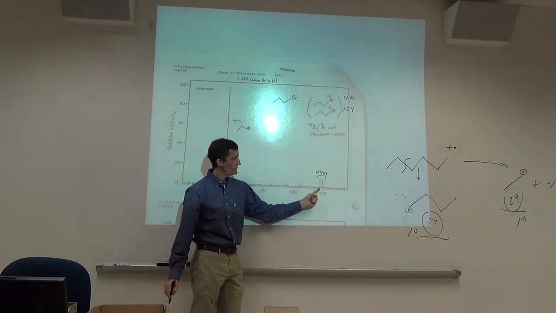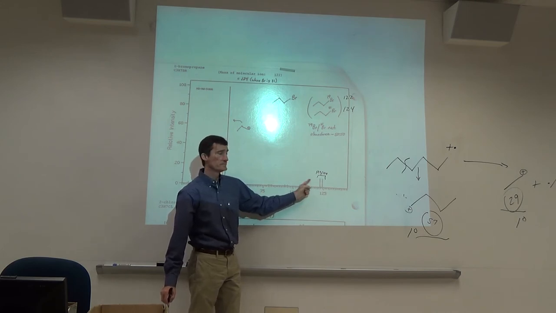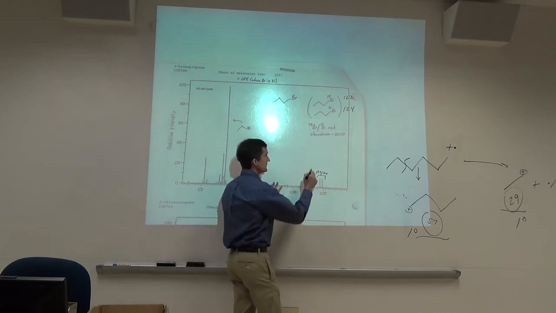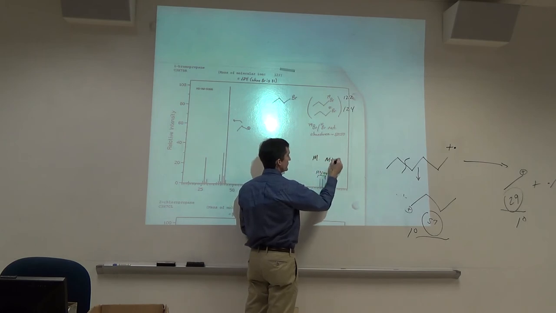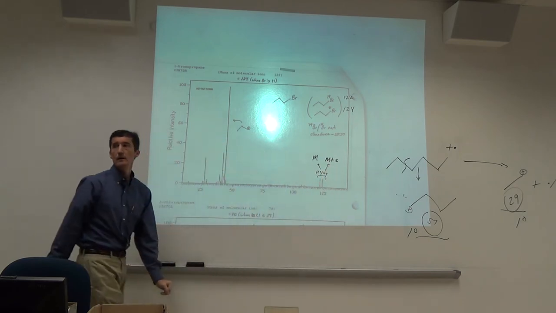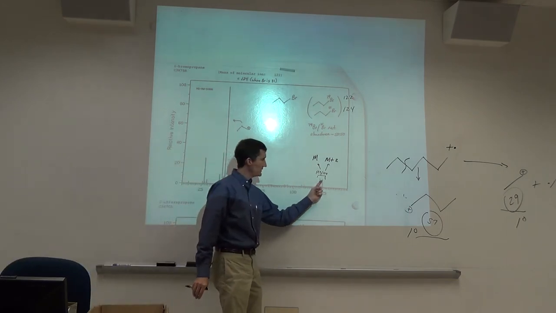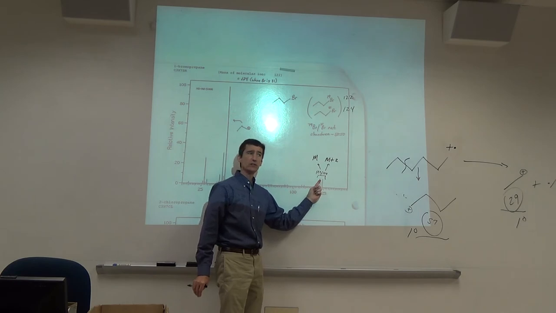So here's your molecular ion for each of these compounds. Often this is called M and M plus 2. And you see they're about equal intensity because it's about a 50-50 ratio of these two.